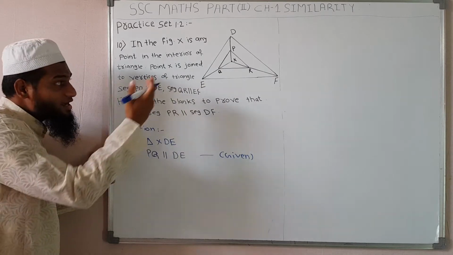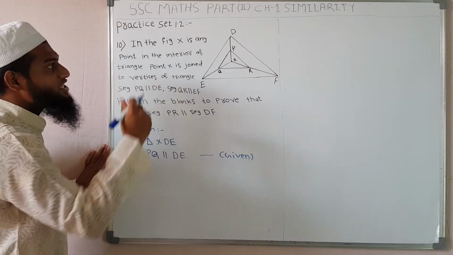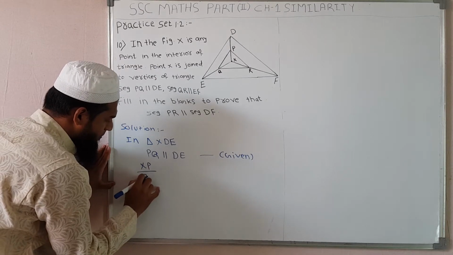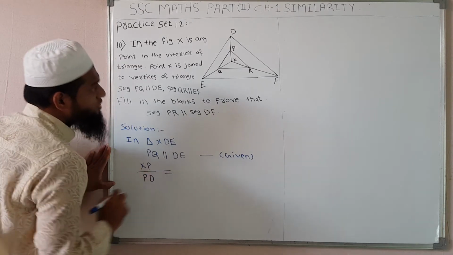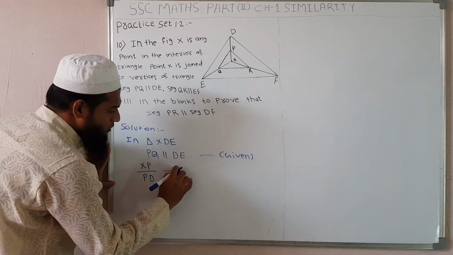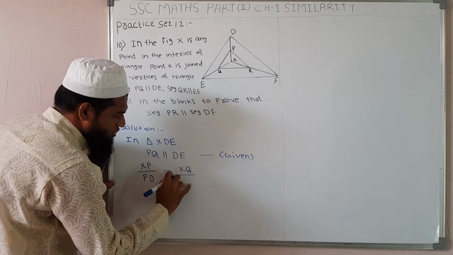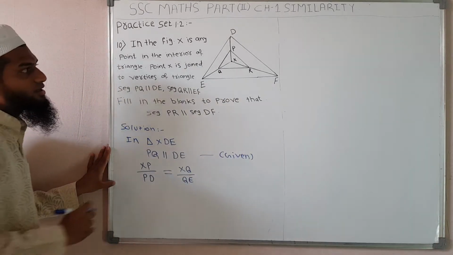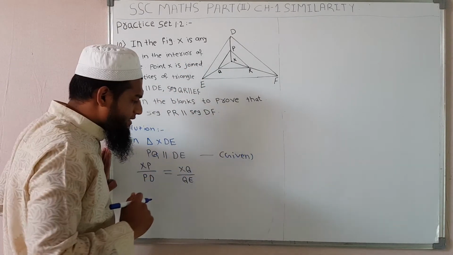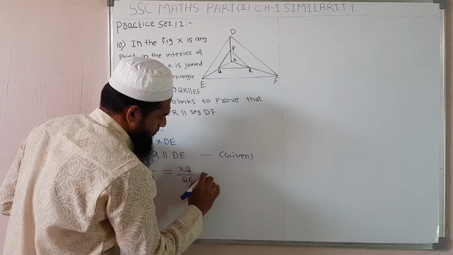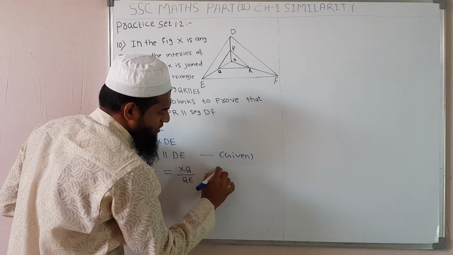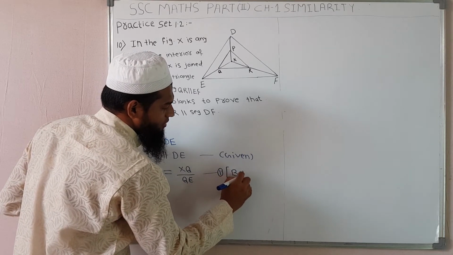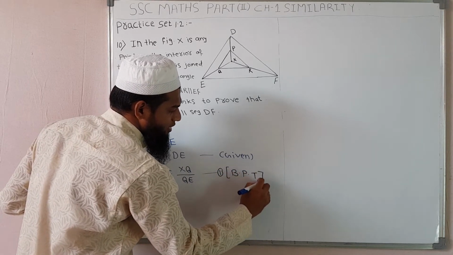According to this, we can write that XP upon PD is equal to XQ upon QE. What is the reason? According to the basic proportionality theorem. Give it as equation number 1, and the reason is the basic proportionality theorem.